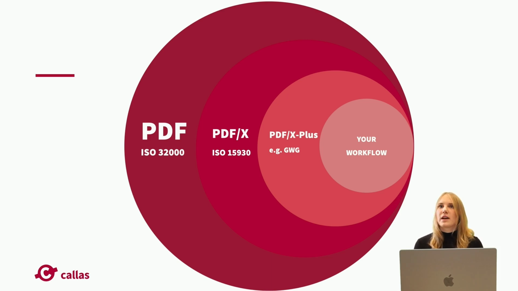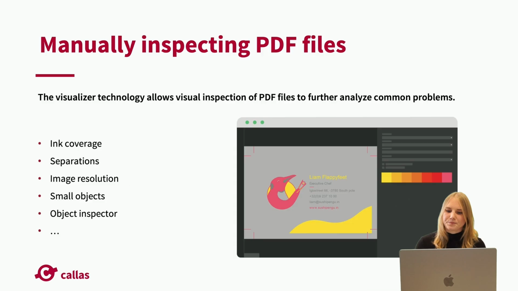And of course, a fully automated workflow that is seamless, efficient and error-free is the goal that everyone wants. But let's face it, no matter how good your automation is, it is never going to be 100% perfect. Because there will always be PDF files that fail your Preflight and that cannot be fixed automatically. And that's where manual inspection becomes essential.